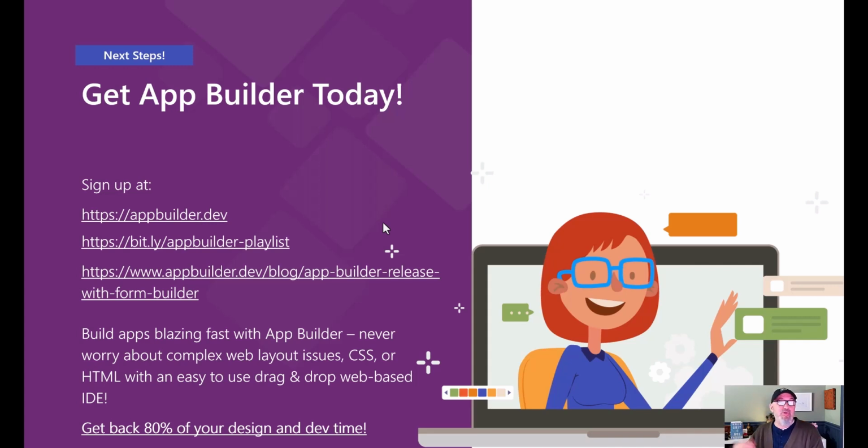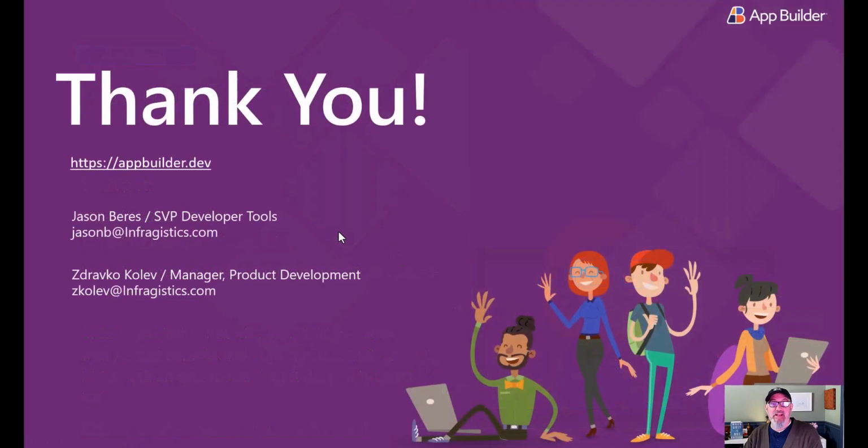And then what's even cooler is we're going to start talking about more of our AI features in the next few months, about how we're going to accelerate your app building with WYSIWYG, with templates, with AI, all the things that are just going to make your life easier as a developer, because your job is not getting easier. It's getting harder every day. You have less people, less resources. You need tools like App Builder to help you do app delivery. So that's where App Builder can come into play, and I think that's where we can help you.